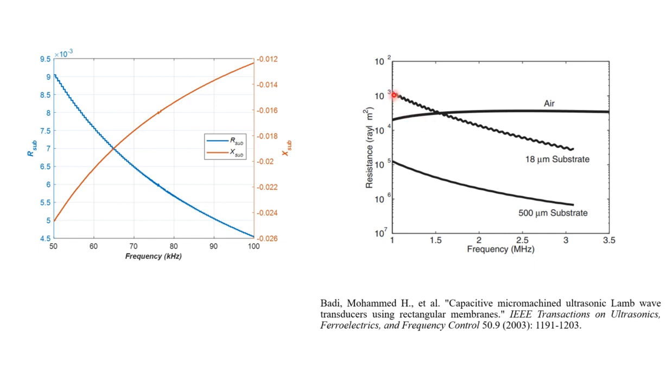But the radiation resistance is very similar to what we can derive from the power that is being coupled to the backing, and this is also experienced or has been observed in the measured impedance data.